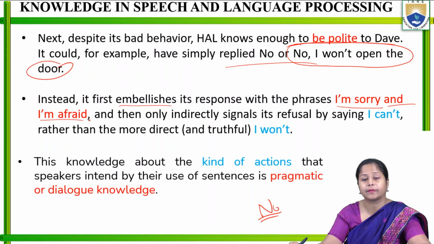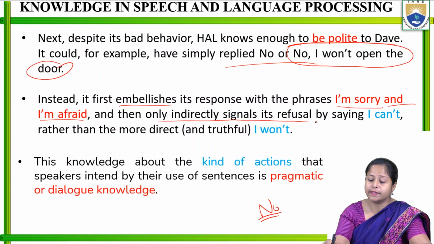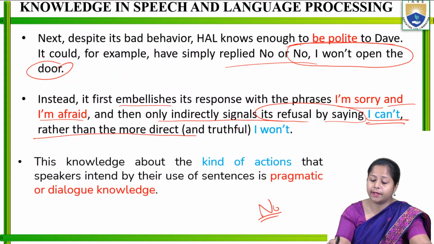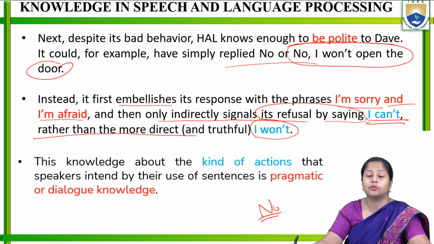So that utterance is there, and it only indirectly signals its refusal by saying "I cannot," rather than the more direct "I would not." So "would not" will be more suitable for this. Why? Because "I cannot" means he is forced, as if somebody is putting pressure on him and he cannot do it.